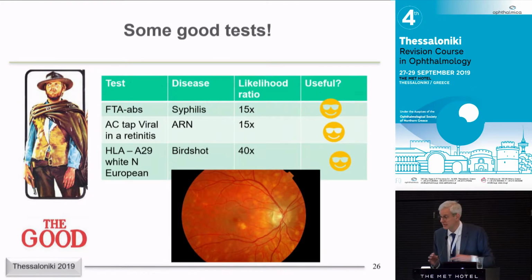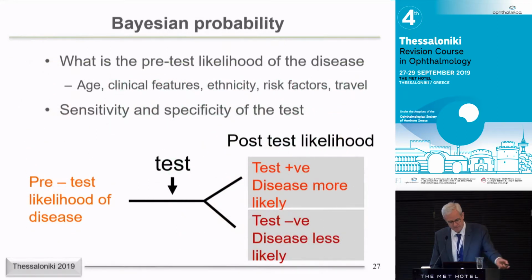We can get it, but this is a Northern European white patient with these kind of birdshot lesions. You do the A29 test, it's positive. The likelihood of this being birdshot goes up about 40 times. A massive effect.